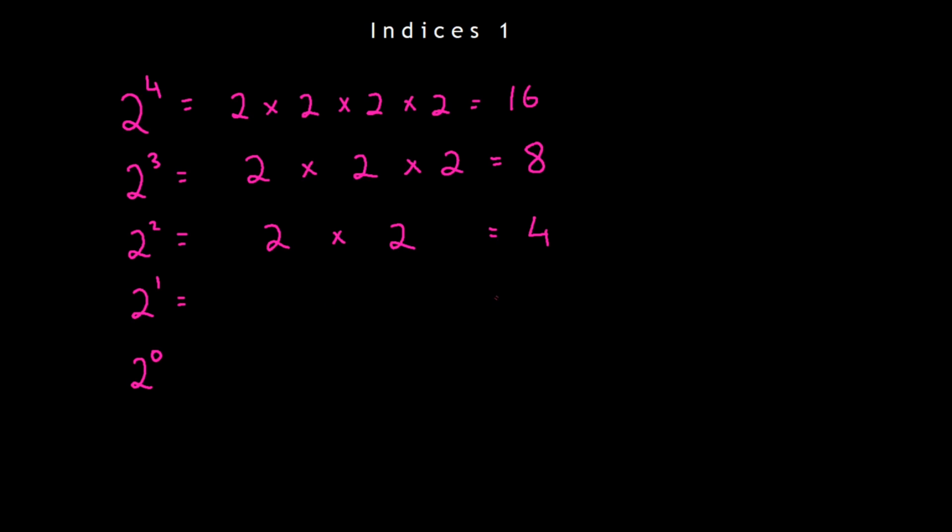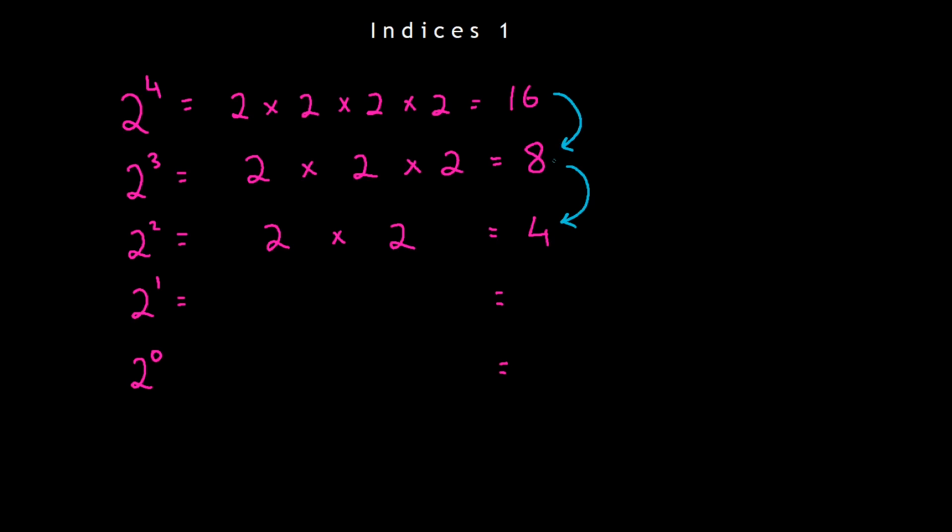Right, and this brings us to these two here. Now, can you spot a pattern? What's happening on the right hand side? How do we get from 16 to 8 and then 8 to 4?